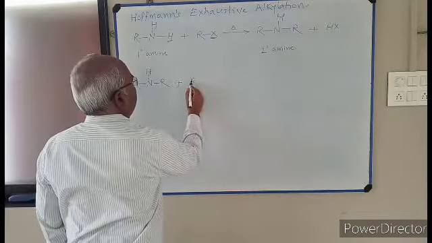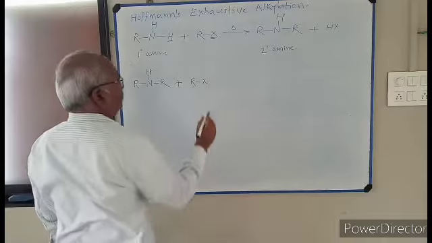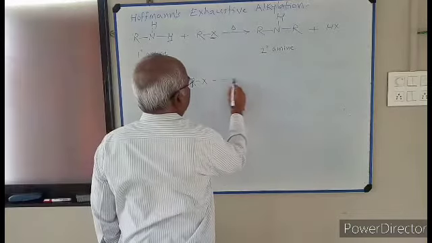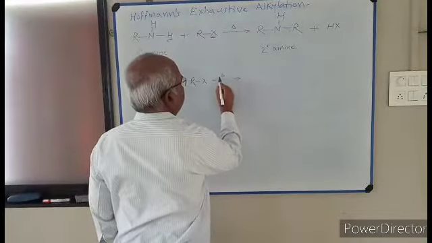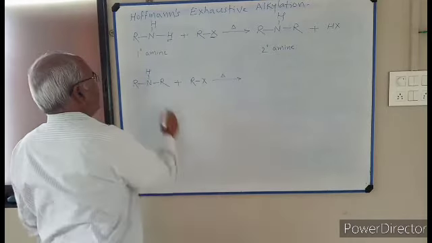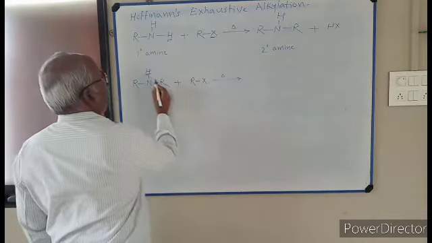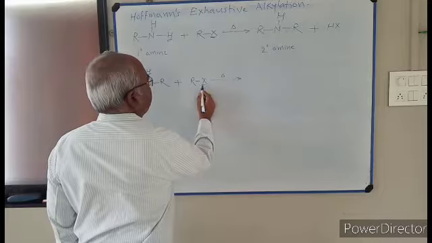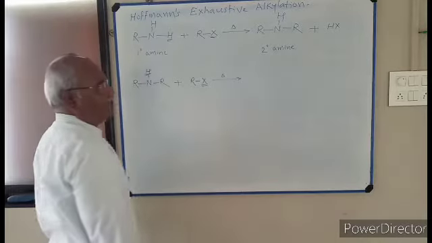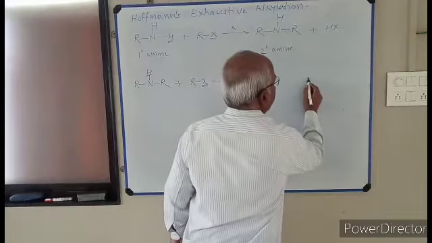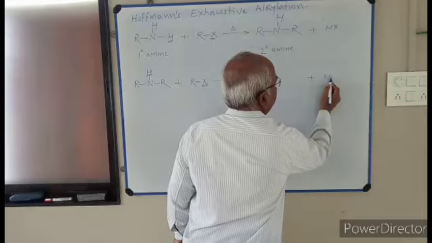Now you see, the secondary amine again reacts with alkyl halide, RX. The reaction mixture is heated. The hydrogen atom of the amine combines with the X atom of the alkyl halide and the side product is HX.